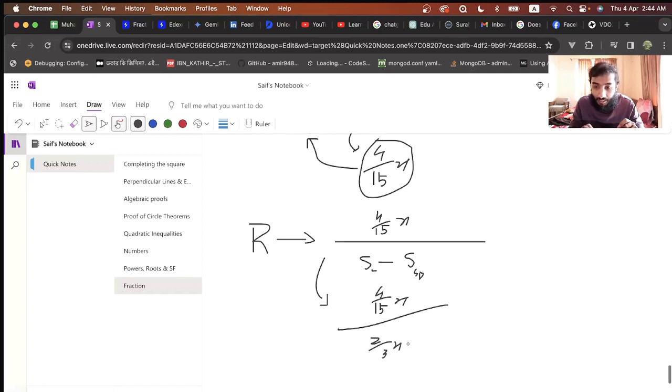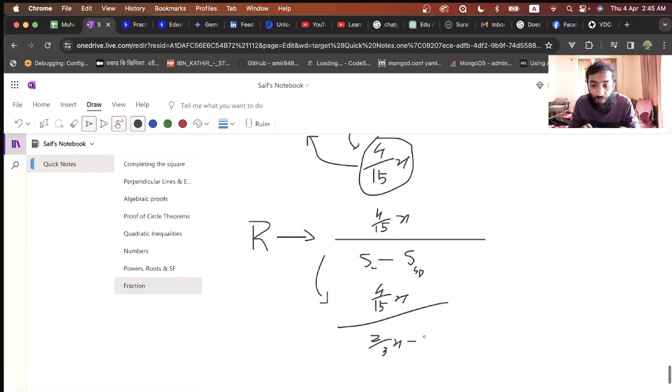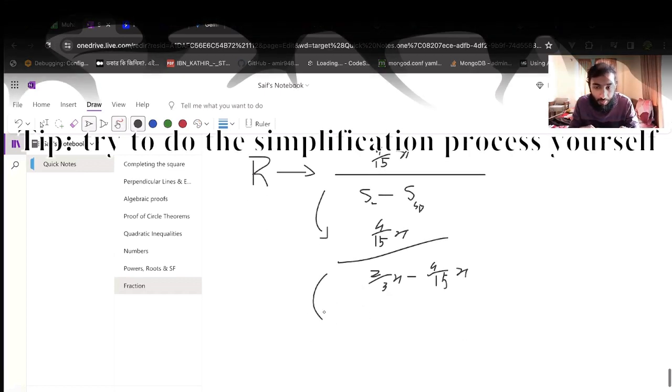2/3 of x minus, so the students who study any specific language minus the students who study Spanish, which is 4/15 of x. Now this can be represented as what?